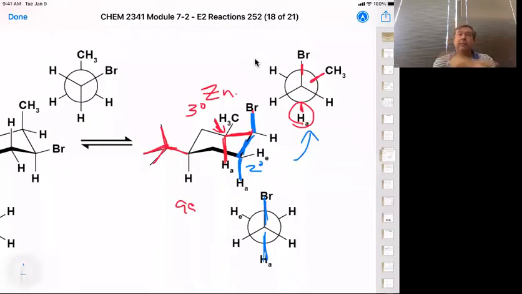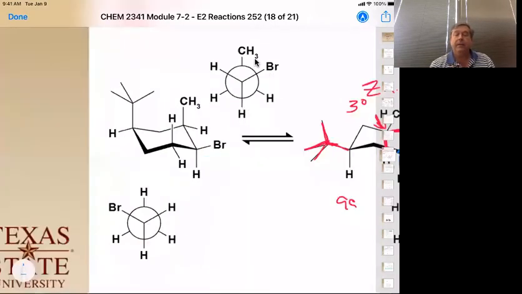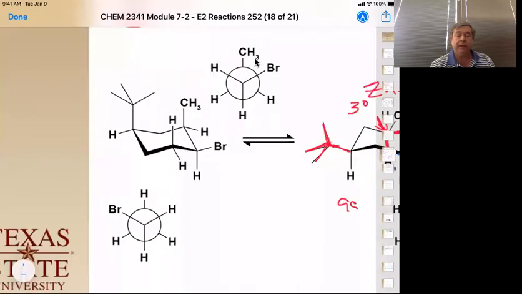Now, let's flip it to put the t-butyl group in that axial position up here. Again, 1% of the time, we'll do this. When we do that, we still get both of the hydrogens can eliminate.